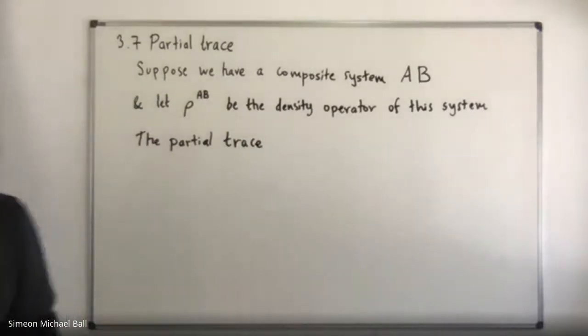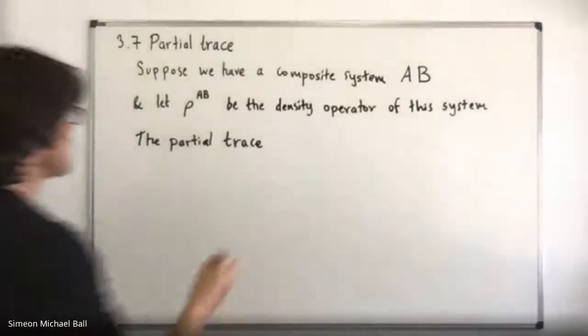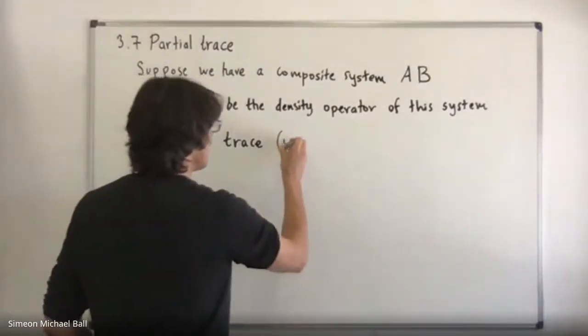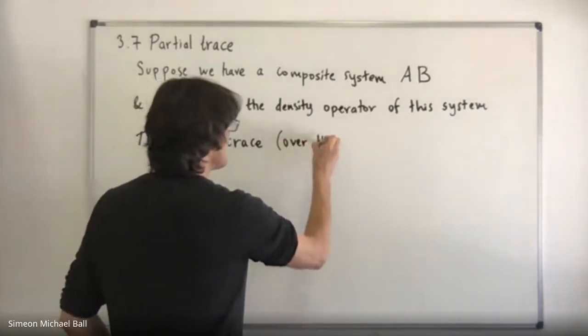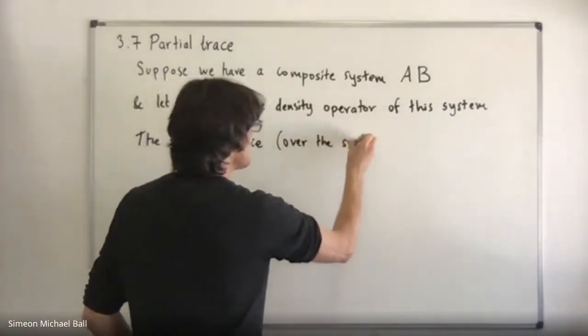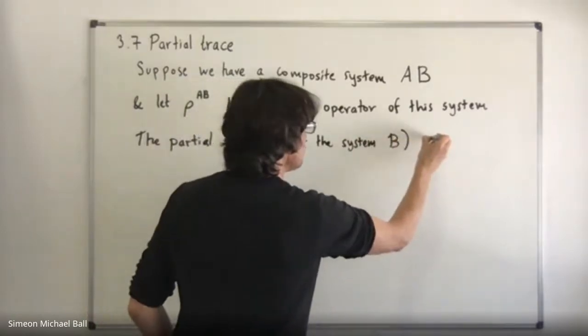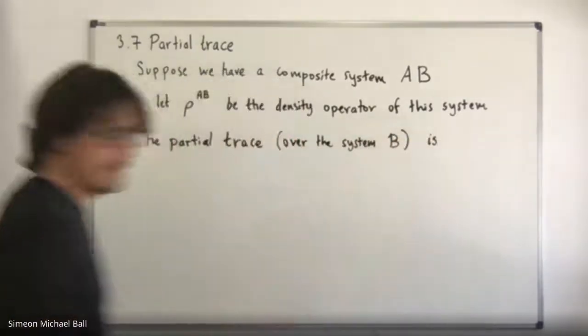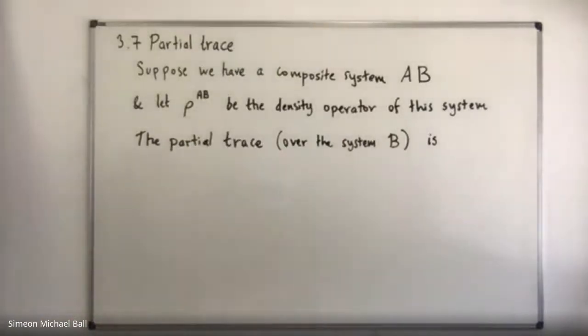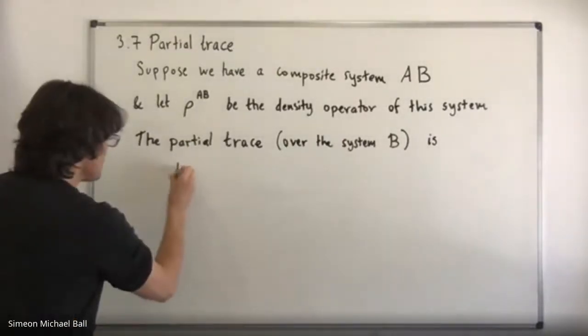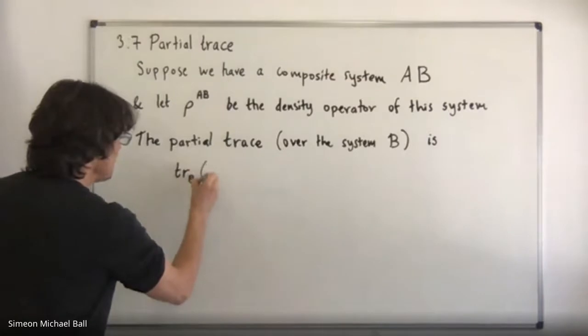So the partial trace over the system B, and this partial trace we just denote with, let's say, a trace with a sub-index B.